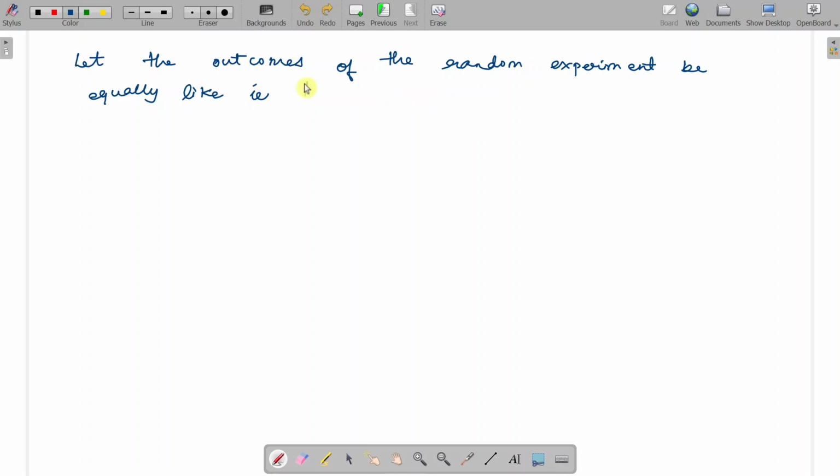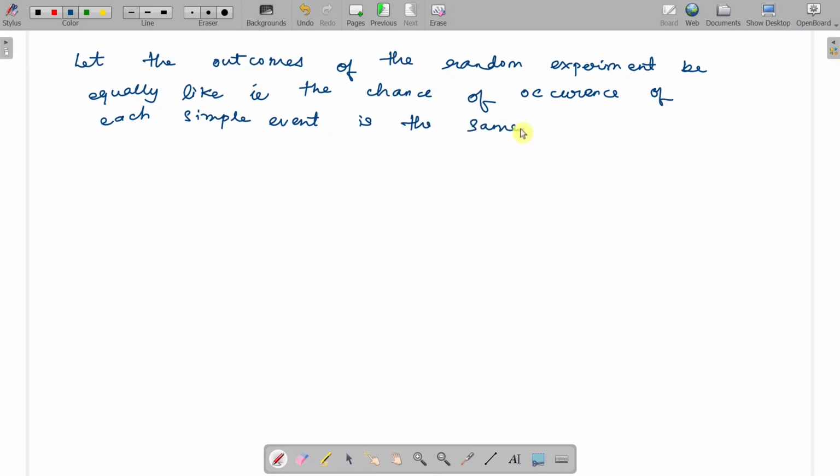Let us write it properly: the chance of occurrence of each simple event is the same, right?